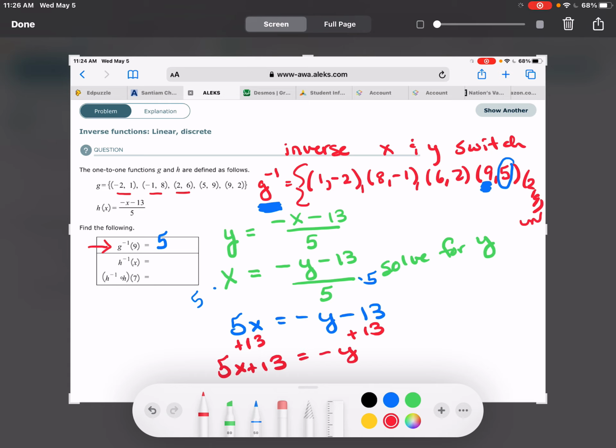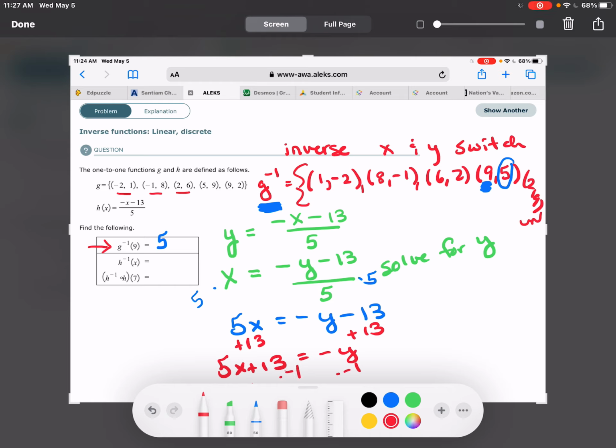We never want to have a -y, and so I'm going to multiply both sides by -1, however you want to do that. I keep writing that, I don't know why.